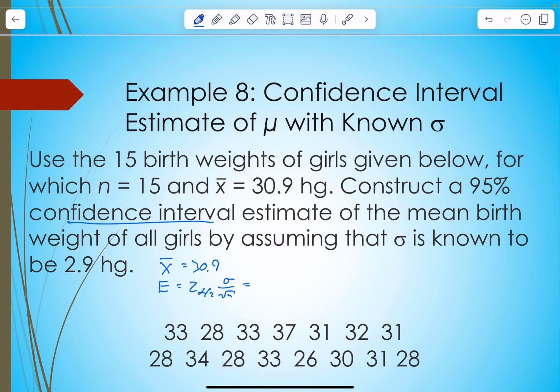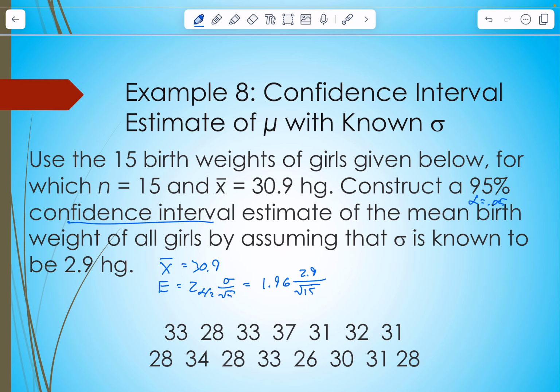So this is going to be 1.96, because I've got alpha equals 0.05, times the standard deviation, which is known to be 2.9, divided by square root of 15.